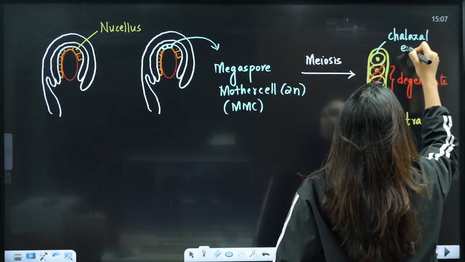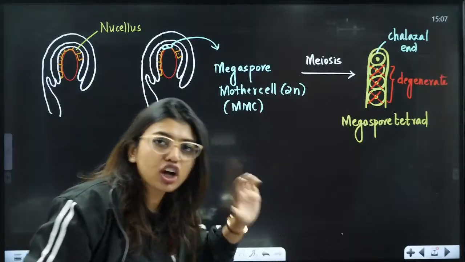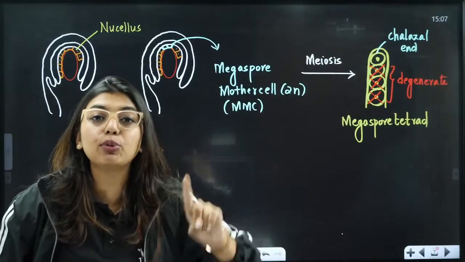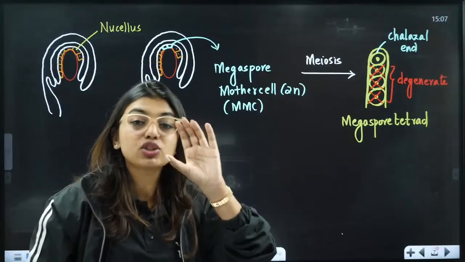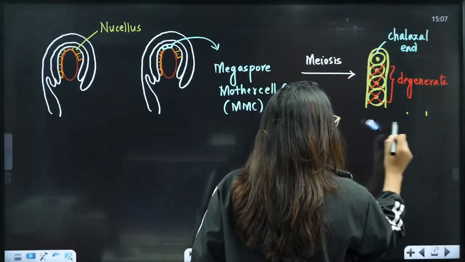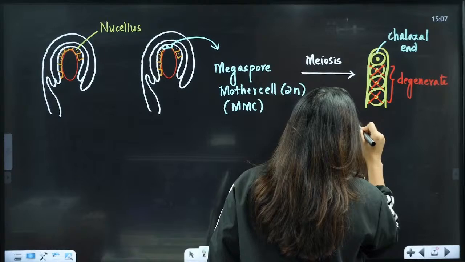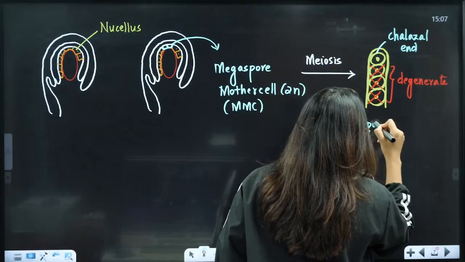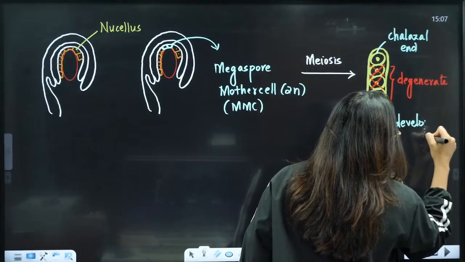The megaspore at the chalazal end will survive, and because only one out of the four is surviving, what do we call this development? We call this development monosporic development. Mono means one, spore means one spore.